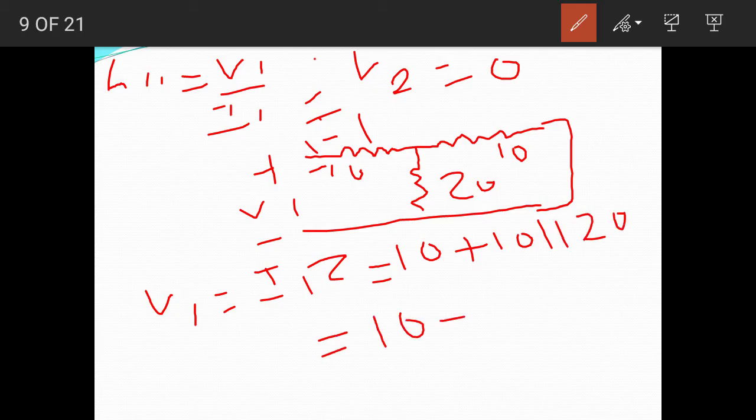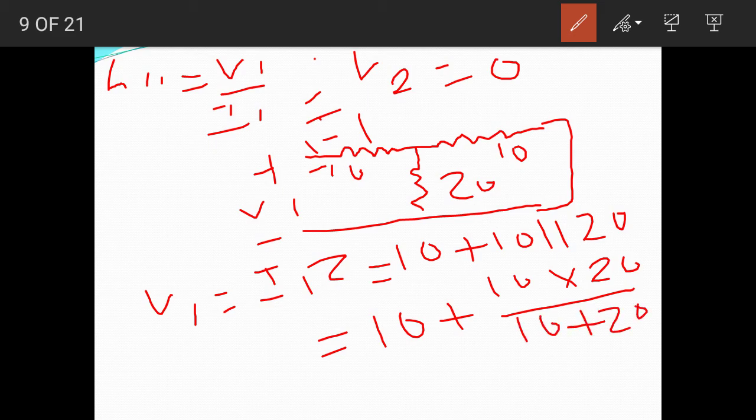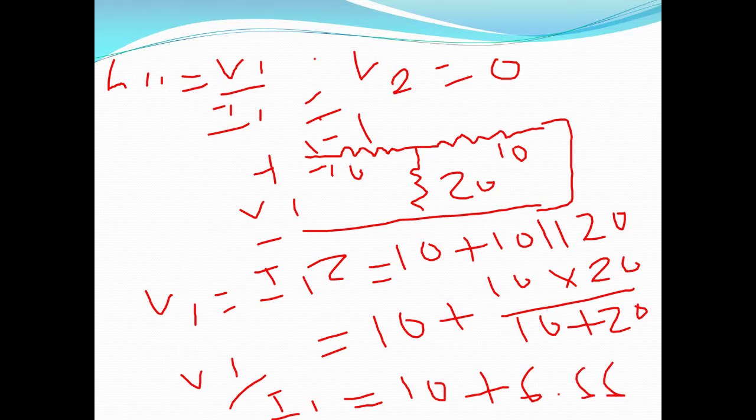That is 10 plus 10 parallel 20 means 10 into 20 divided by 10 plus 20. So we find the value of V1 upon I1 is equal to 10 plus 6.66. So its value becomes 16.66 ohm.